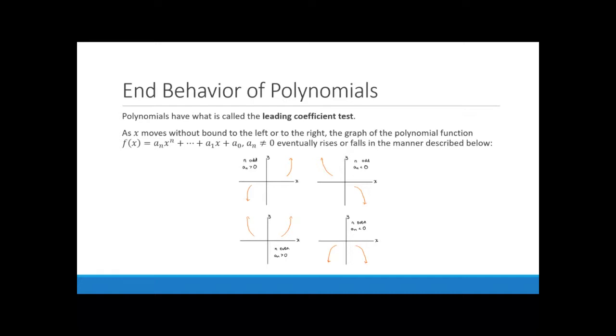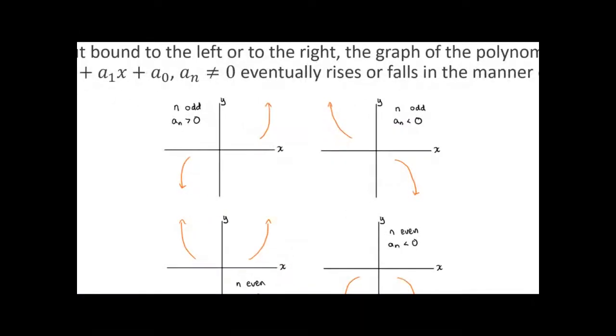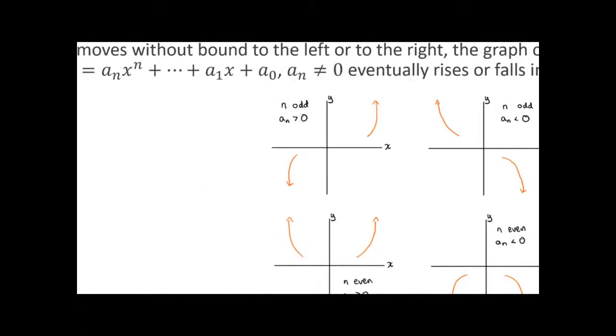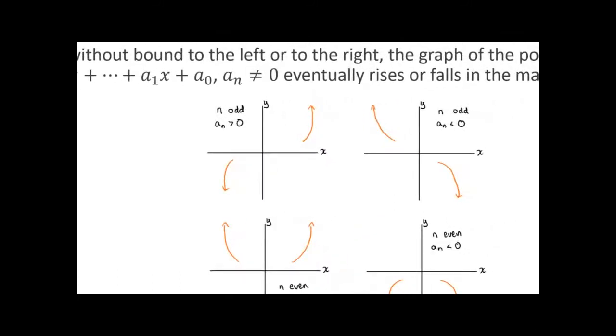If the degree of the polynomial is odd, such as a cubic, you'll see the two top graphs here. And the coefficient of that cubic, that's the highest coefficient, a sub n. So if x is cubed, then it's just the coefficient of that cubed term.